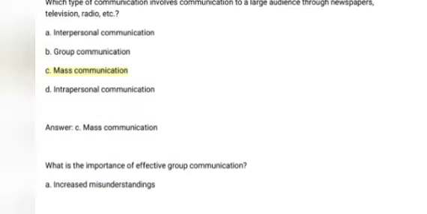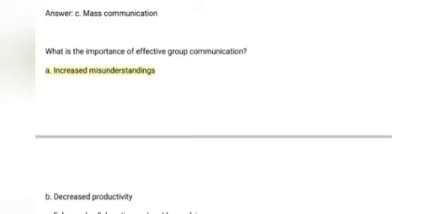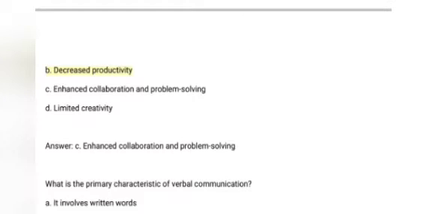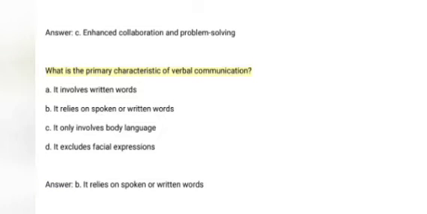C. Mass communication. D. Intrapersonal communication. Answer: C, mass communication. What is the importance of effective group communication? A. Increased misunderstandings. B. Decreased productivity. C. Enhanced collaboration and problem solving. D. Limited creativity. Answer: C, enhanced collaboration and problem solving.